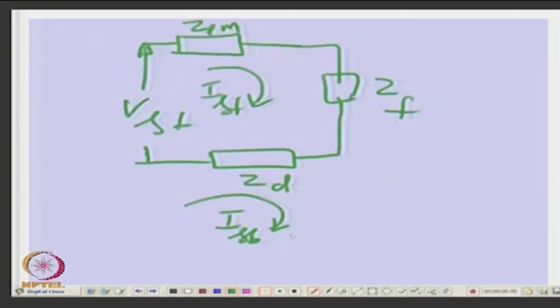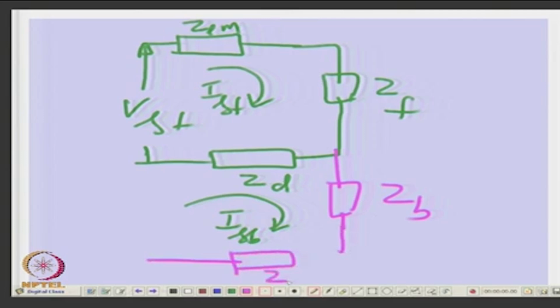So, we can write the other side, you can have the ZB here, ZLM here, okay, and you have these equations. This will be VSB. Okay. This will satisfy this.